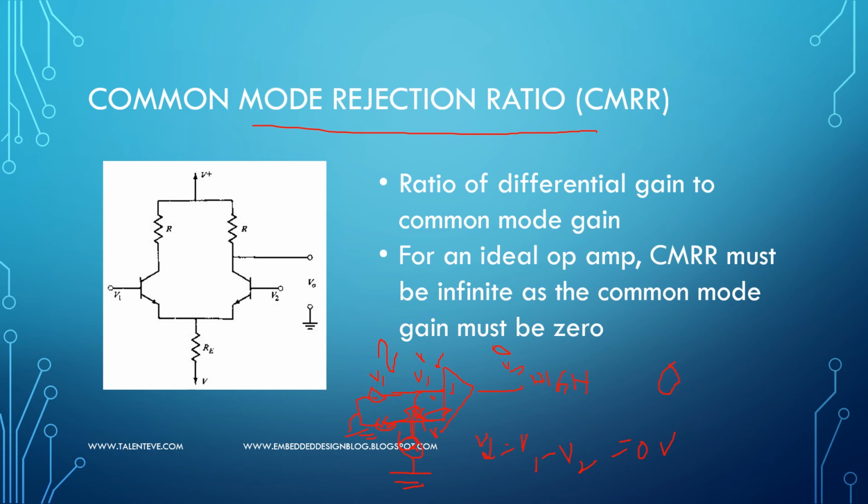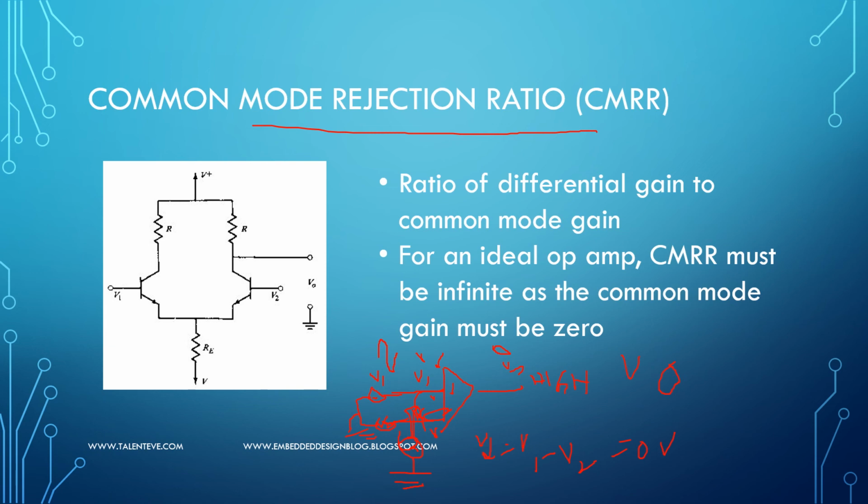And in a differential mode scenario, where you provide different inputs to the plus and minus pins, whether it could be different polarity, or one could be grounded, or one could be provided a signal, in that scenario you should have a very high voltage. This means in a common mode scenario the gain should be 0, whereas in a differential mode scenario the gain should be very high for an op amp.